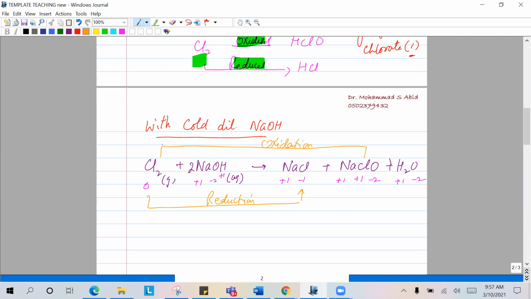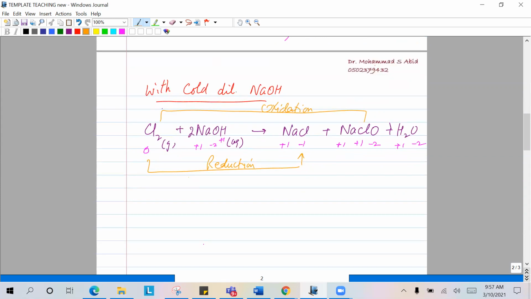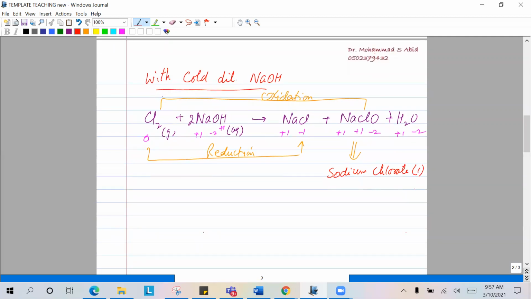So again, this is an example of a disproportionation reaction. The name for this salt would be sodium chlorate(I), to show that chlorine is in the +1 oxidation state.